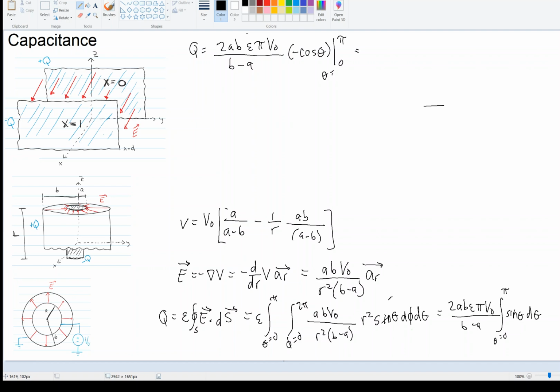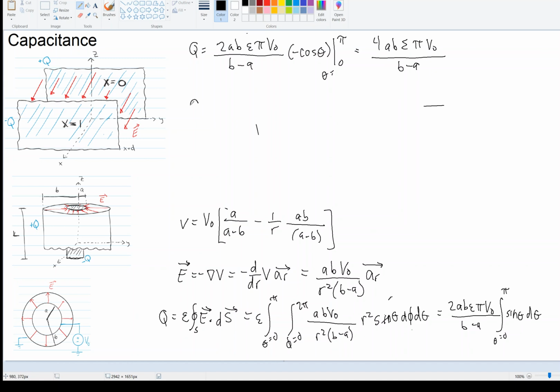Because minus cosine of pi is 1. And then minus and negative 1 gives me 2. So this becomes 4 ab epsilon pi V0 over b minus a. Yep, that's Q.